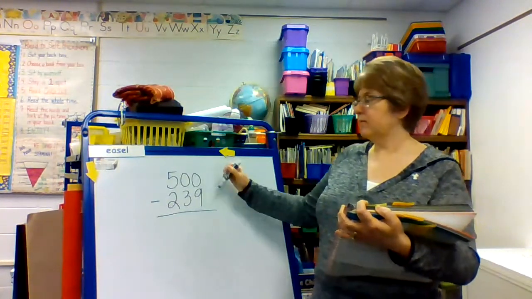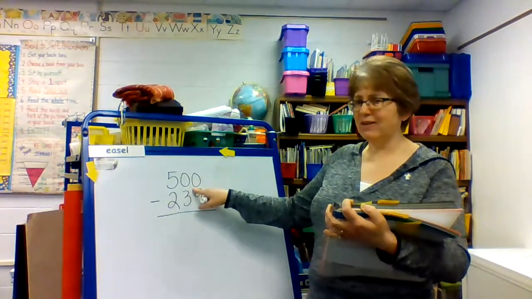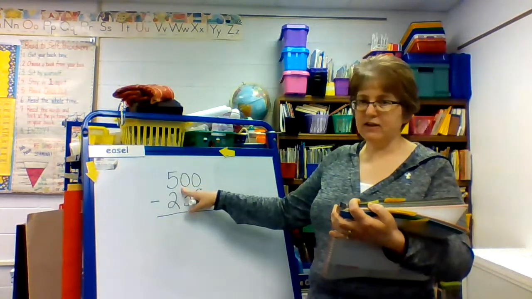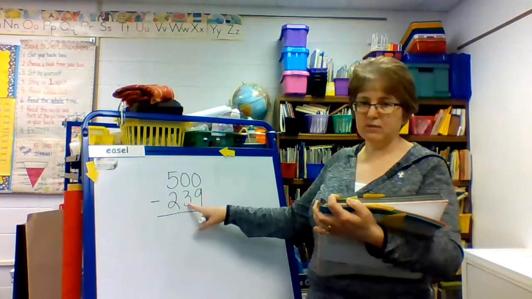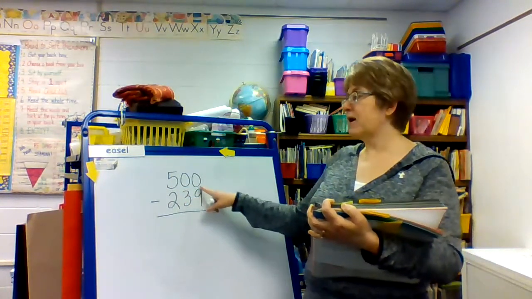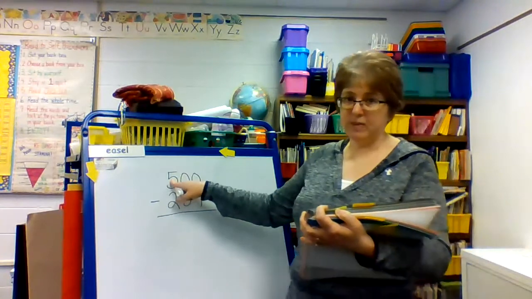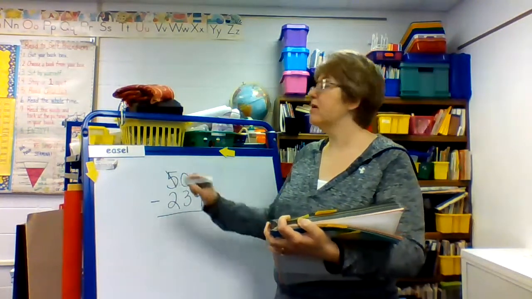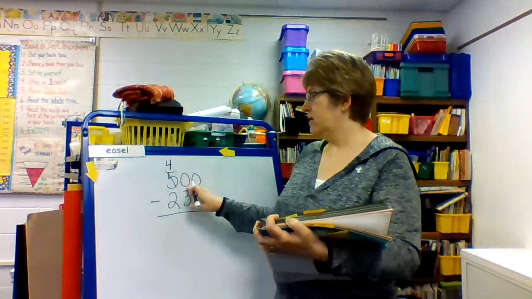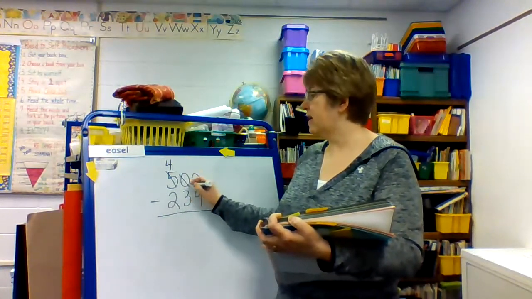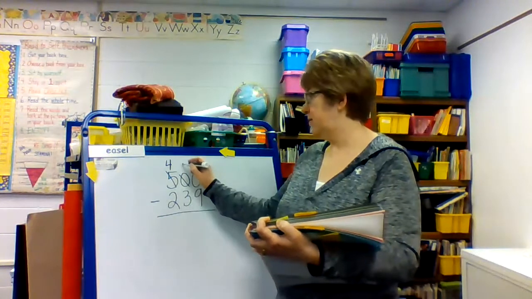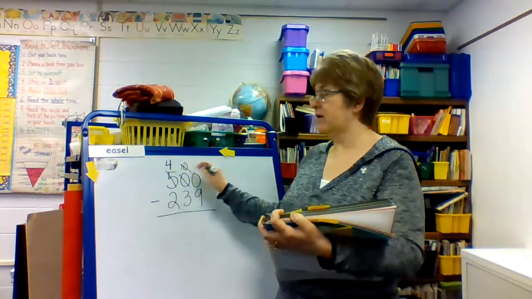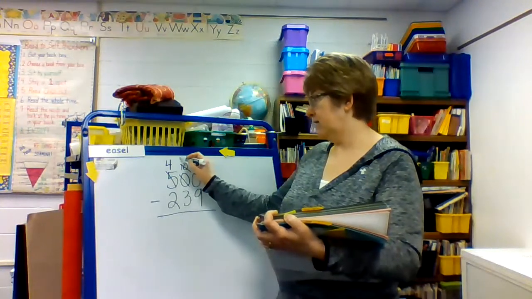All right, let's take a look. I have a 0 in the ones and the tens place. I know I'm not going to have enough. The numbers on the bottom are too big. So I'm going to have to go all the way to the hundreds place. So I go to the 5. The 5 becomes a 4. This 0 becomes a 10. Now this 10 becomes a 9.